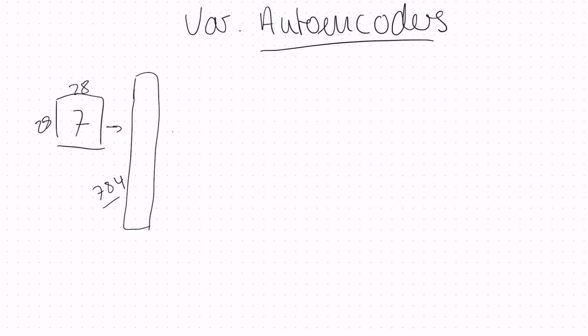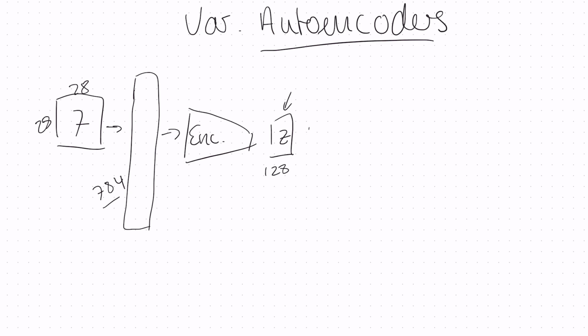So in autoencoders, this vector would go into the so-called encoder block, and afterwards we will have another vector which is called the latent vector, and this vector is much smaller than our original vector, which had a dimensionality of 784. This latent vector could have, for example, 128 dimensions.